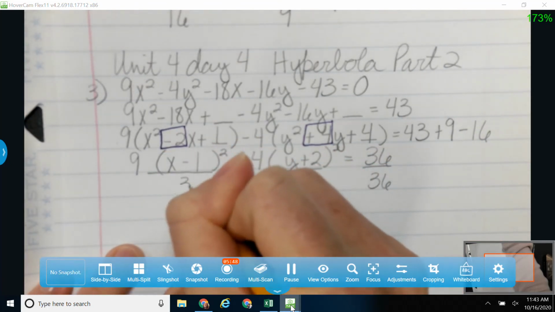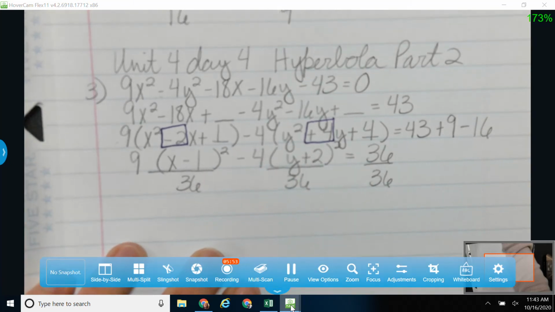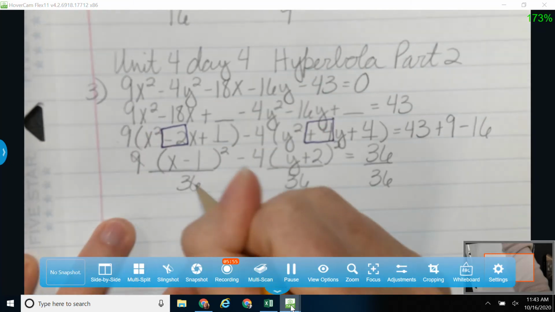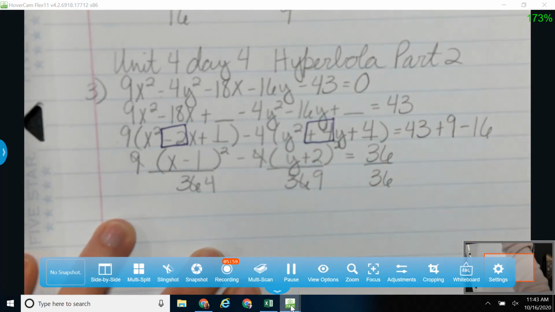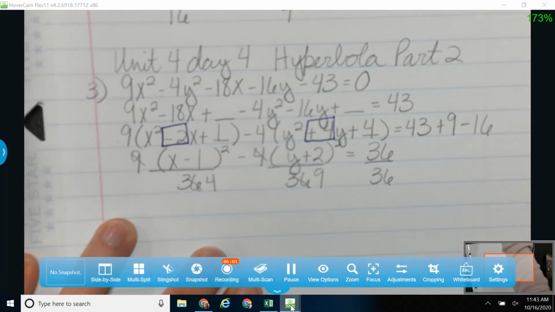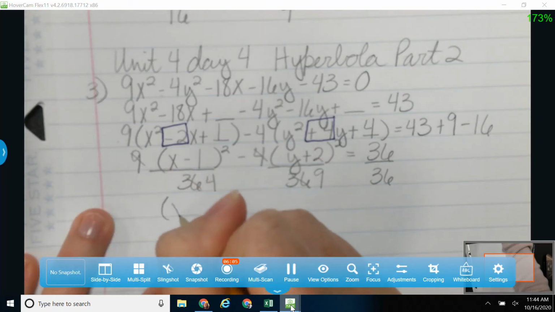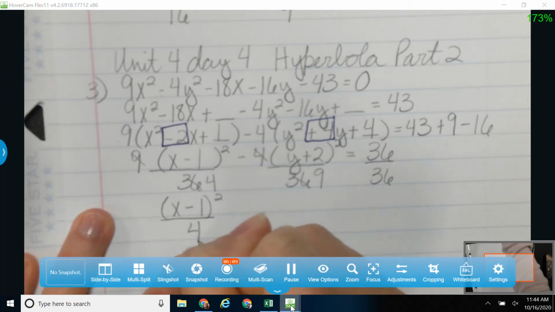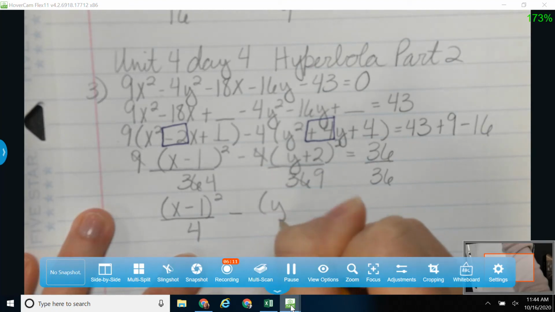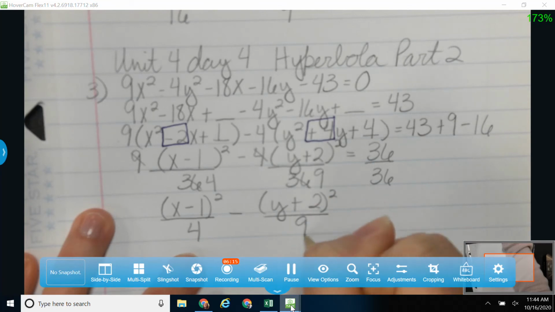Again, what you'll start to notice is that these end up flip-flopping with each other. 9 goes into 36 4 times, and 4 goes into 36 9 times. So you start to see those cancel out and give you those numbers back. It doesn't happen every time, but often, I should say. So there's my formula right there that I'm going to graph.